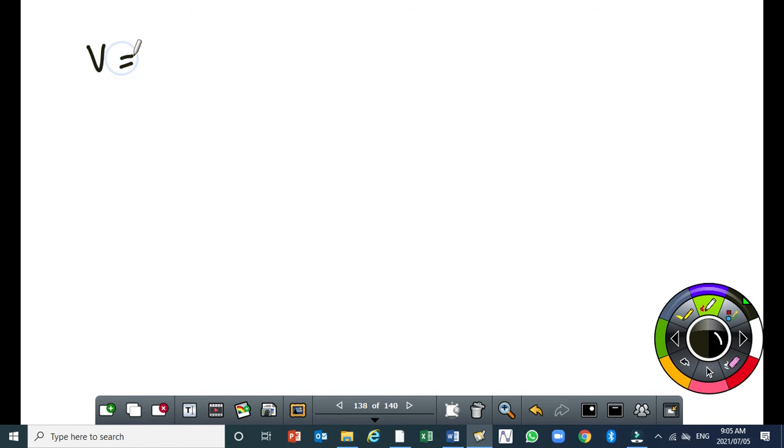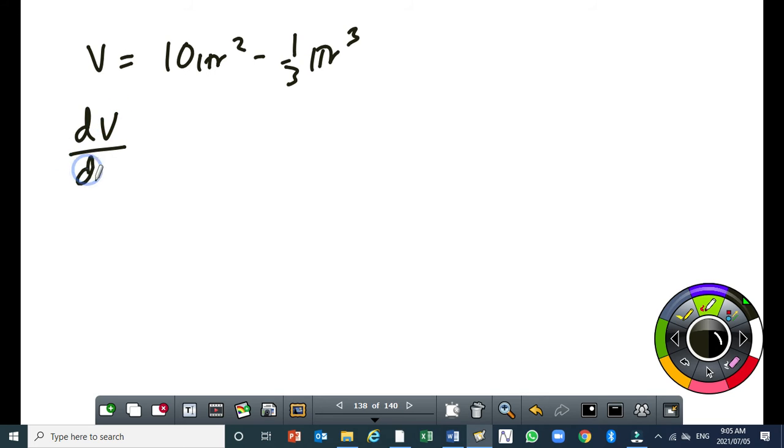Right, so the next page, I'm going to find the derivative now. We have V equal to 10 pi r squared minus 1 over 3 pi r cubed. When I find the derivative here, this V is like my y and the r is like x. So I can write this as dV over dr. Exponent times the constant.